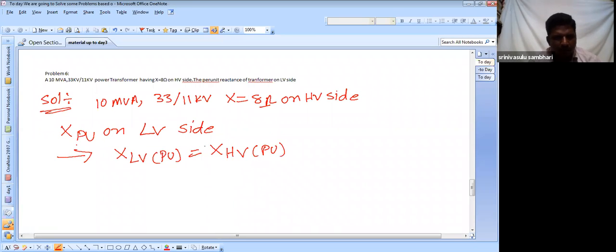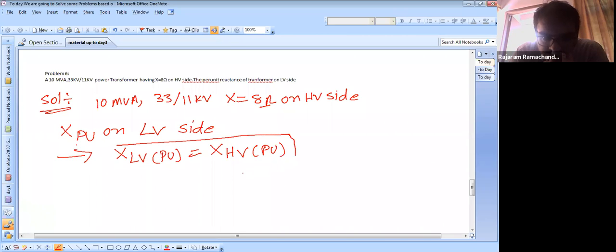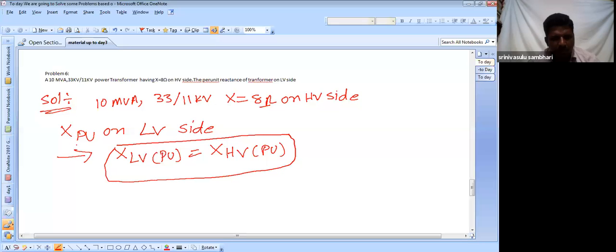Is it clear or not? We derived this conclusion. The per unit reactance on LV side should be equal to the per unit reactance on HV side. Both should be equal. Now, for calculating XLV per unit, I don't know the XLV actual value.